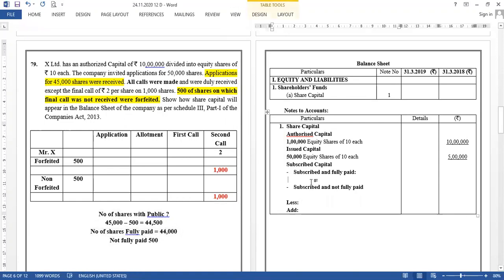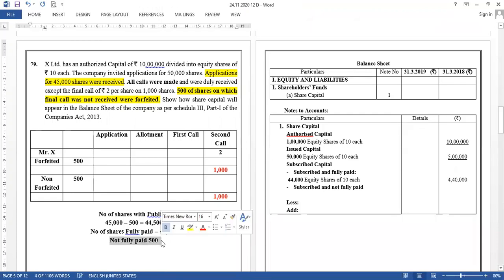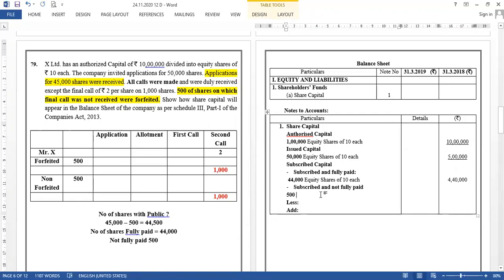Now, number of shares fully paid, 44,000 shares. So let me write this 44,000 shares over here. 44,000 equity shares of rupees 10 each. ठीक है? तो ये चला जाएगा amount column में, and let me write the amount over here as 4,40,000. ठीक है? अब not fully paid up is 500 shares, right? So let me write this. Not fully paid up में 500 equity shares of rupees 10 each. Amount will be 5,000. Now ये not fully paid up में क्यों आया?